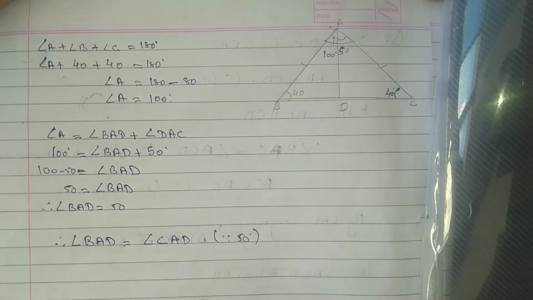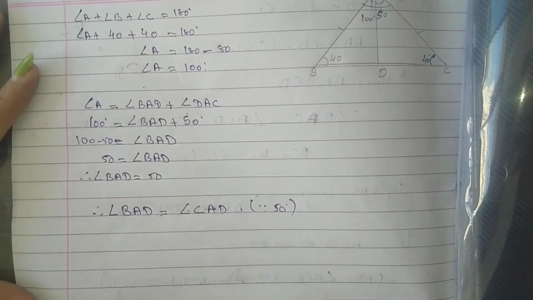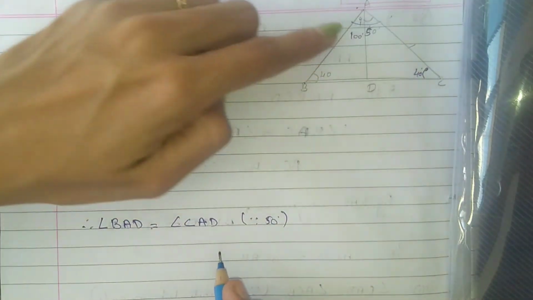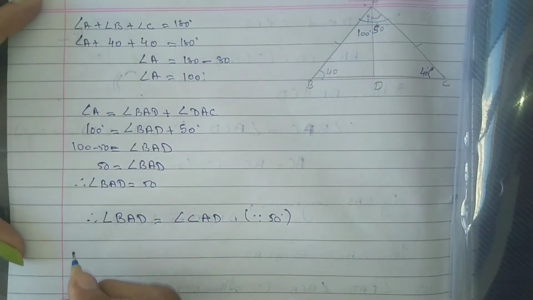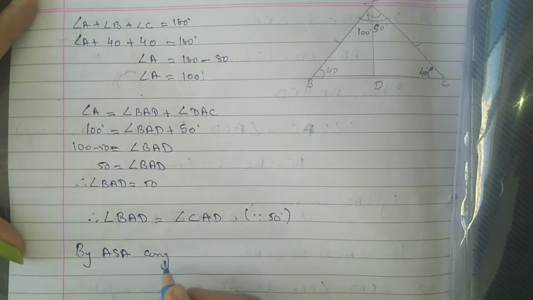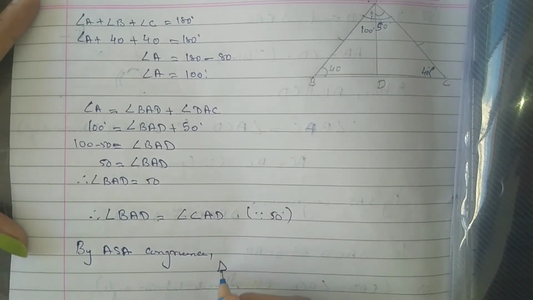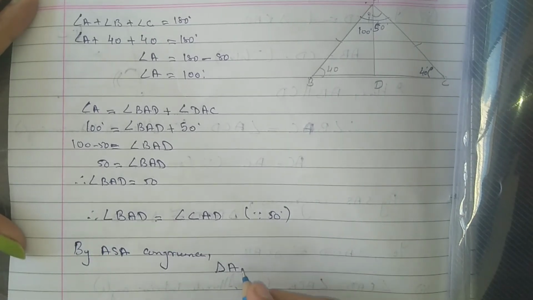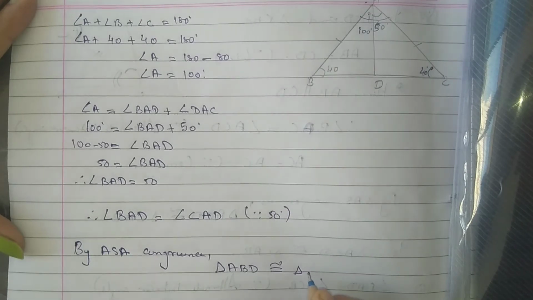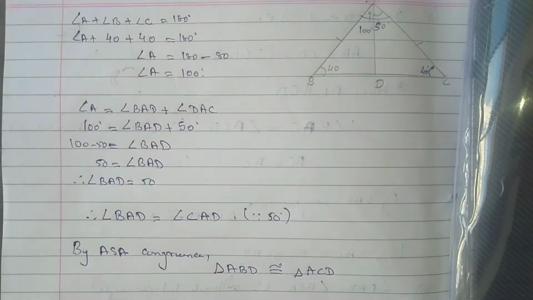50 degrees. Now what we can say is that we have proved two angles and one side are equal. So by congruence, we can say that triangle ABD is congruent to triangle ACD, right?